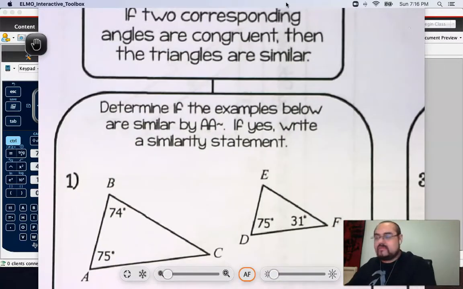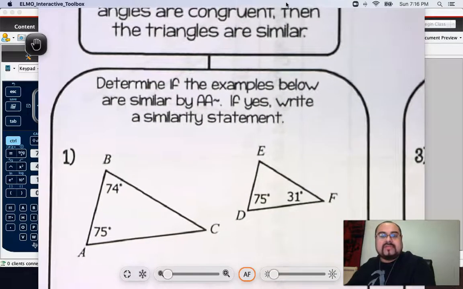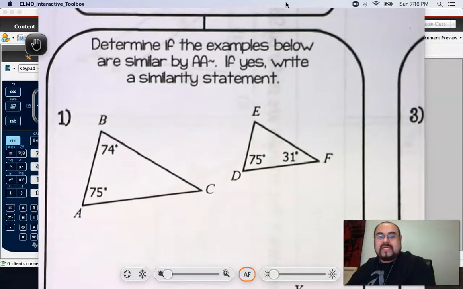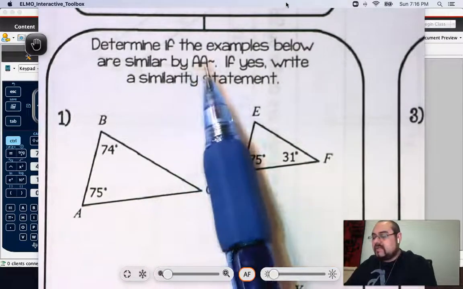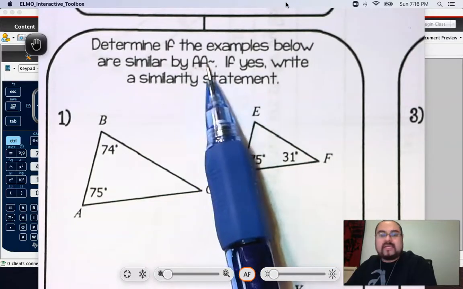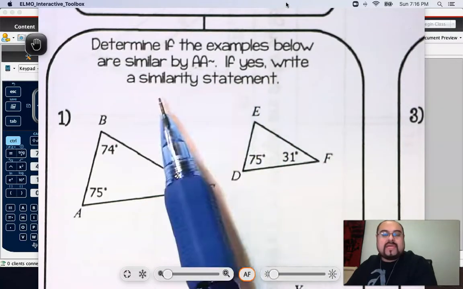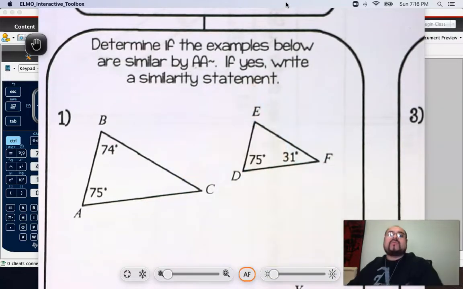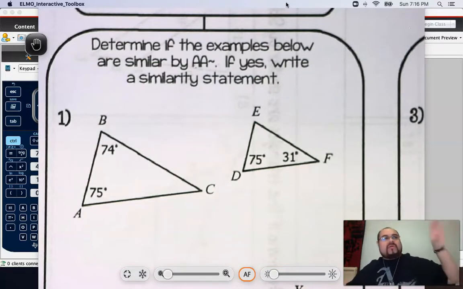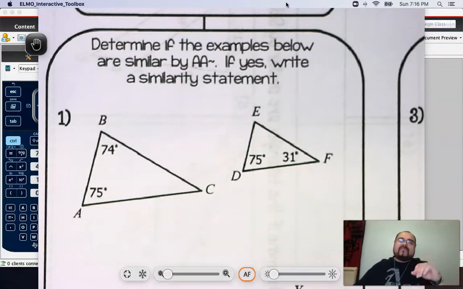So for example, in this first example, it says, determine if the examples below are similar by AA, which is read as angle-angle similarity. The AA postulate, the angle-angle postulate. If yes, write a similarity statement. When we write our similarity statements, they're going to be very similar to how we used to write our congruency statements, when we'd say triangle ABC is congruent to triangle DEF or something like that.